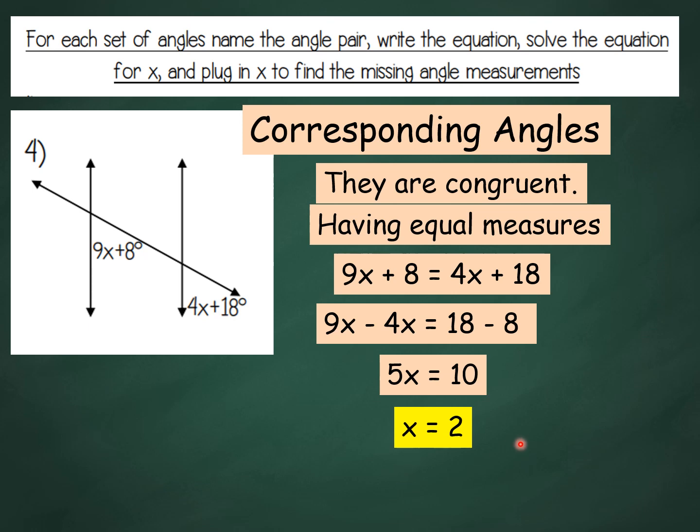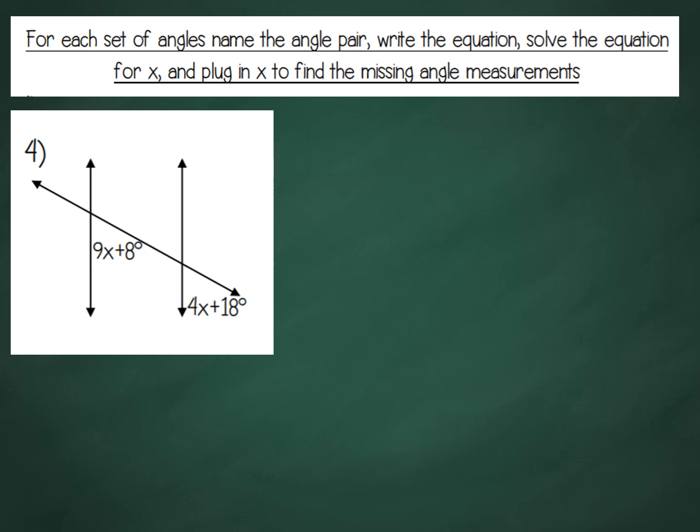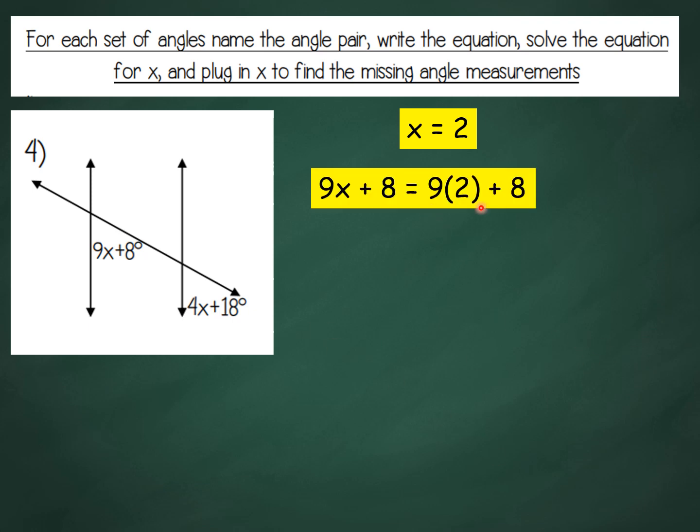So, ngayon, isa-substitute na natin siya. Unahin natin si 9x plus 8. So, we have 9 times 2 plus 8. So, 26 degrees. So, dahil po corresponding angle sila at we describe them that they are congruent, so malamang ang makukuha nating isang angle measures is also 26 degrees.